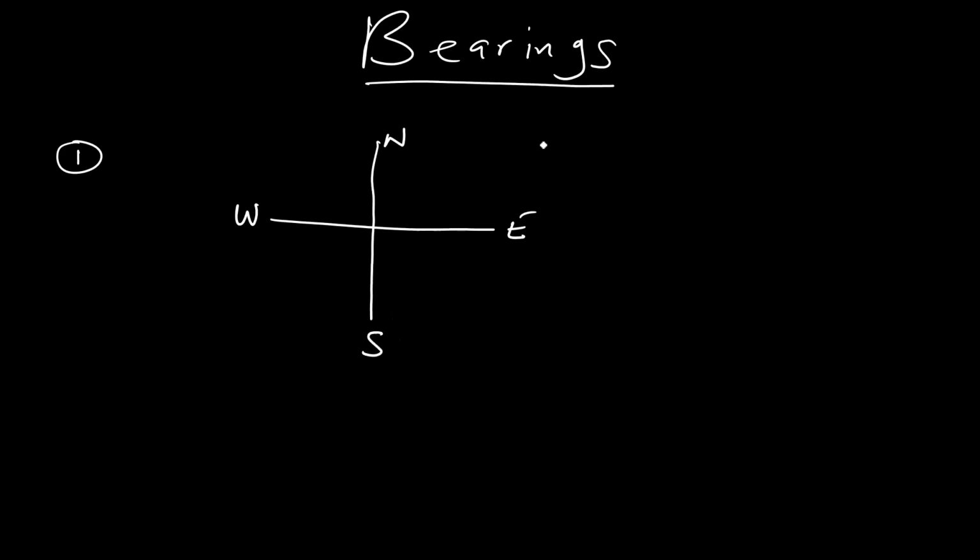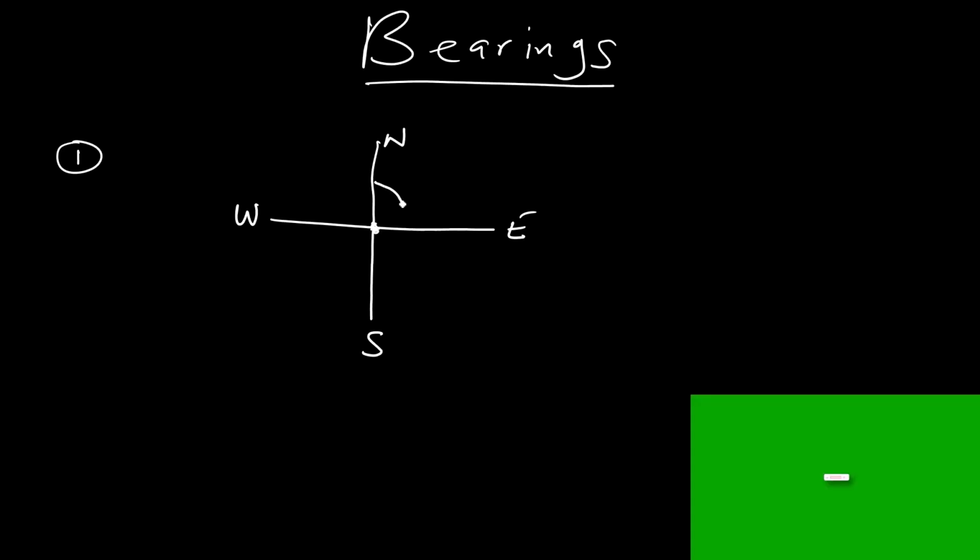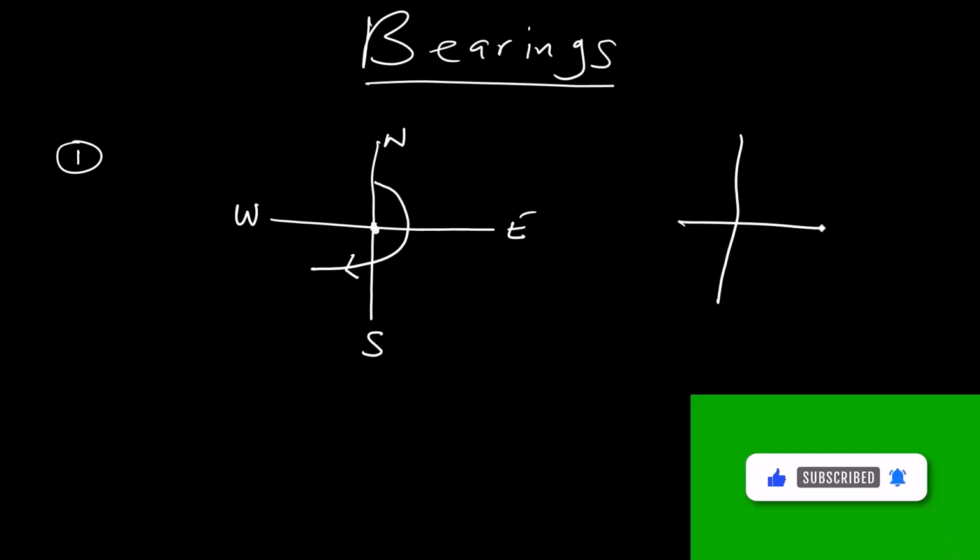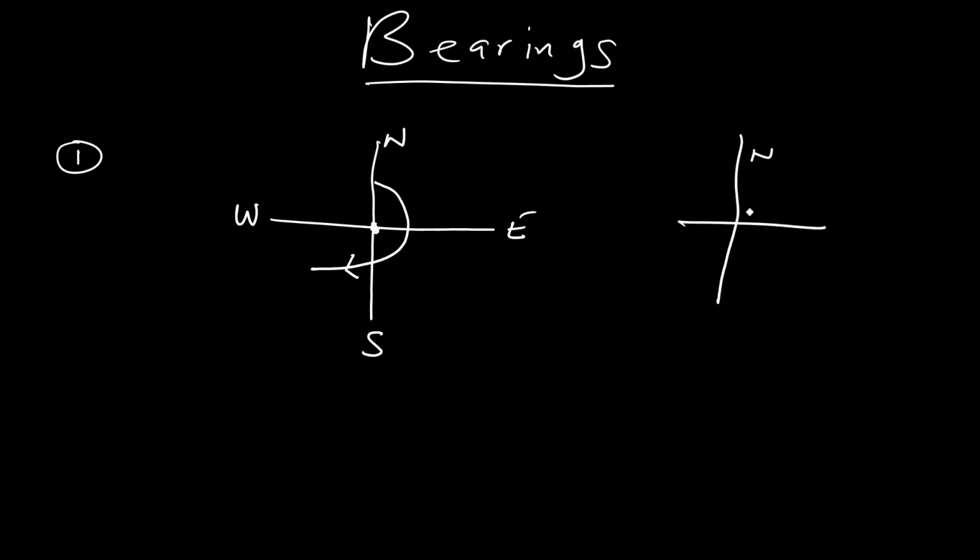With bearings, the measurement starts from the north, then we rotate in a clockwise direction. You cannot start from the north here and then rotate in this side. No, this is wrong. Under bearing, we start from the north, then rotate clockwise.